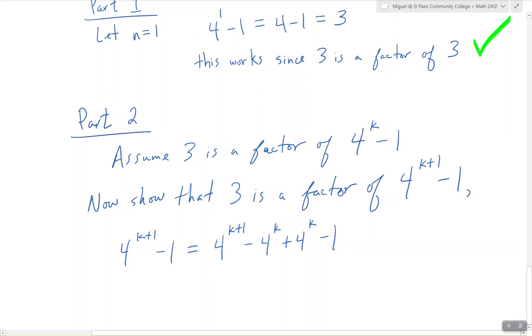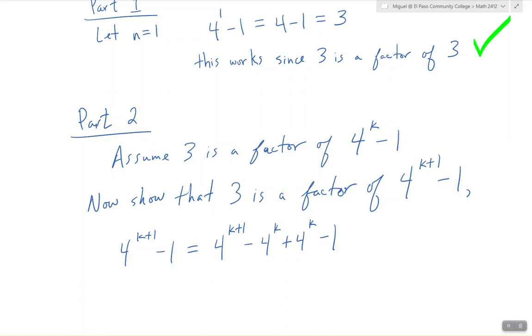Because it's still the same expression, right? We're just changing the way it looks. Notice this is a negative term, positive term. So technically these cancel out, right? So really we only have 4 to the k plus 1 minus 1. So it's still the original expression. We're not changing anything, we're just adding some elements. But it's still the same value overall.